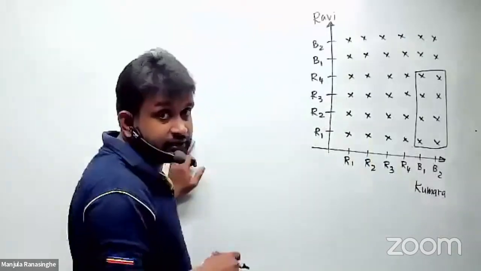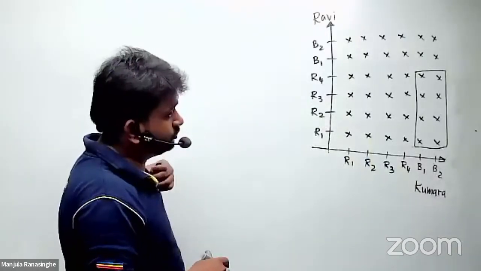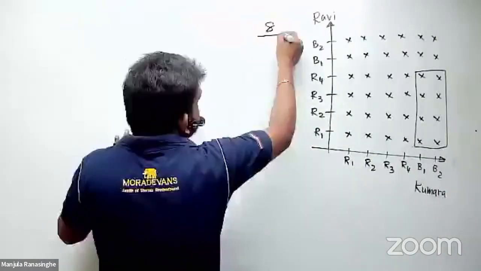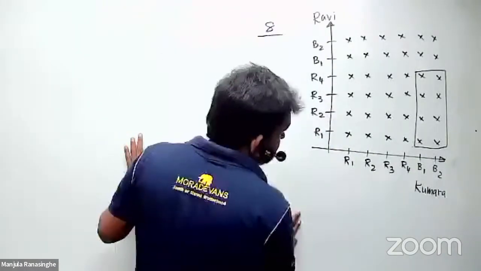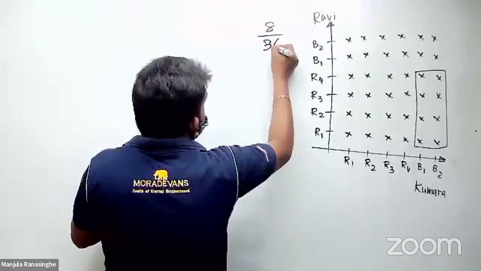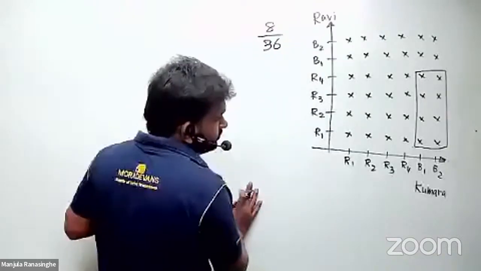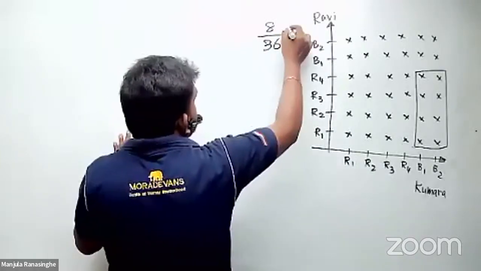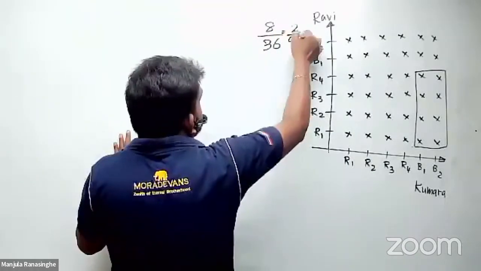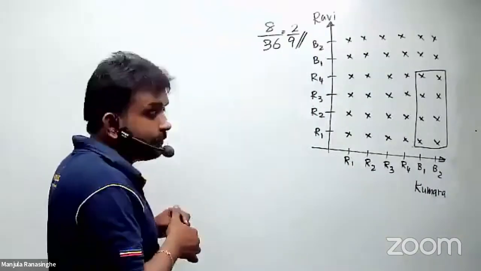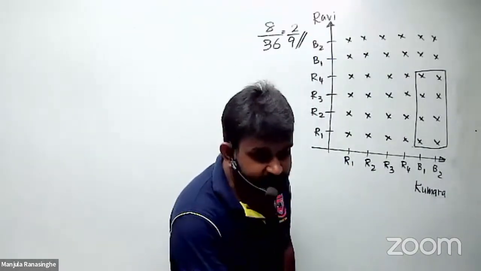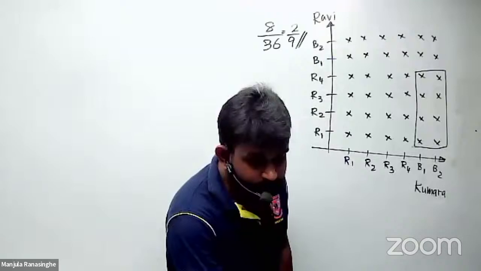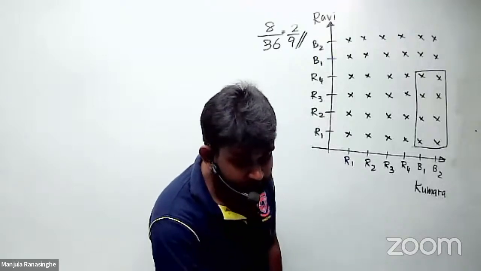So these are the events. How many events belong to that? 8 events upon the total, which is 6 times 6, 36. So 8 upon 36. Then you can simplify it to 2 upon 9. Okay, that is fine. That's the end of the fourth question. Is it clear to everyone? Right.